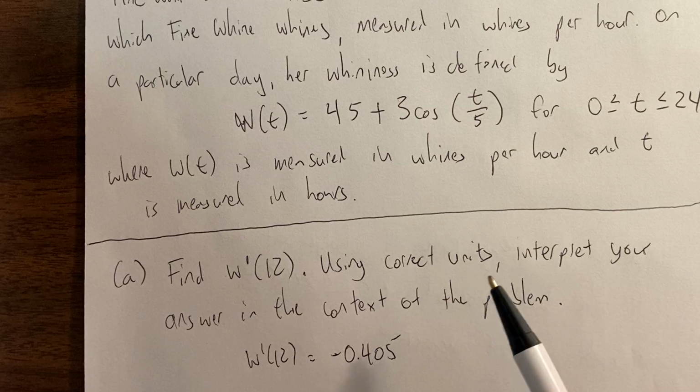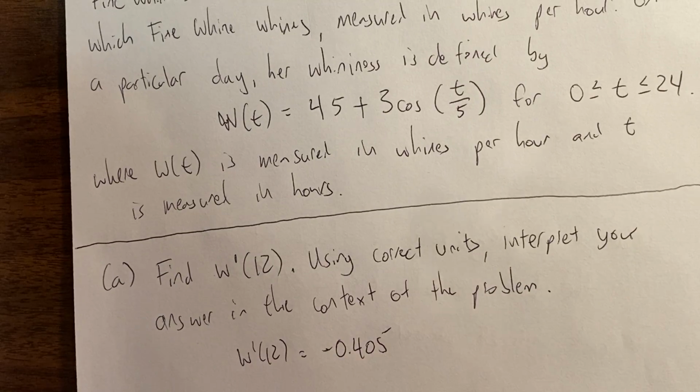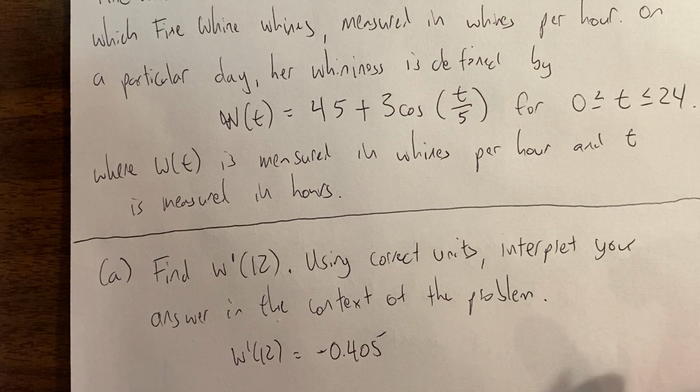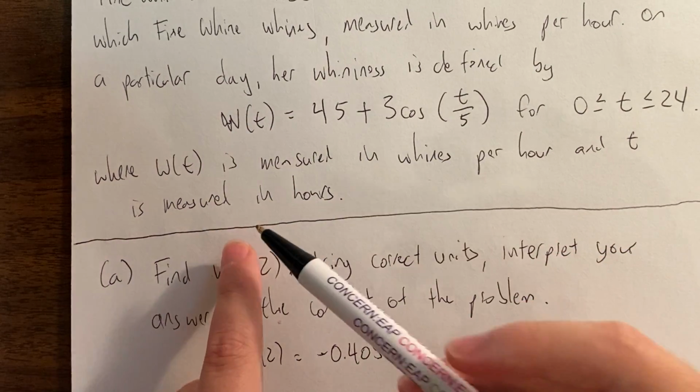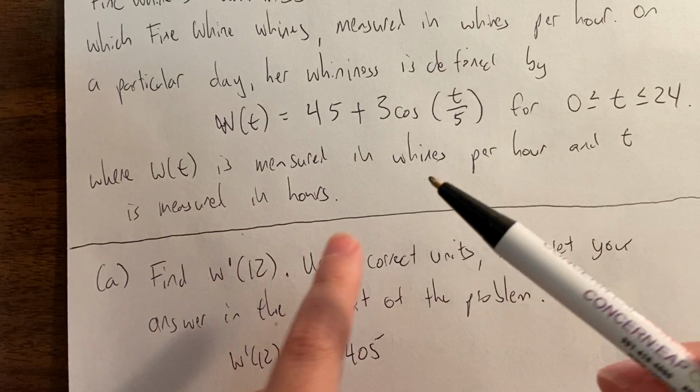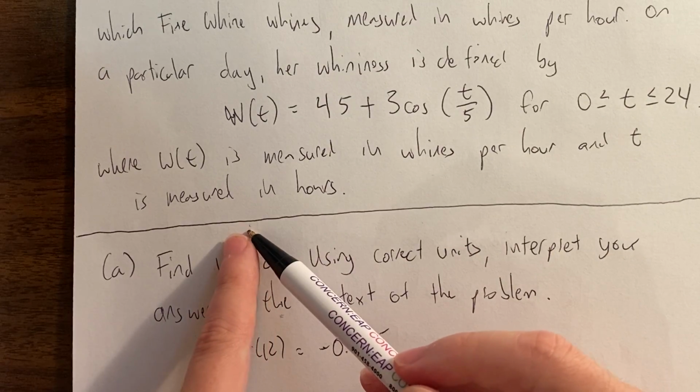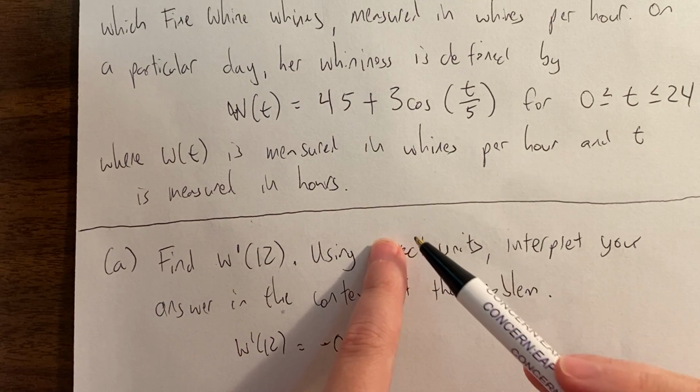Let's try to use correct units. Whenever you have a derivative, just keep in mind that you always divide by a time period when you do your unit. For example, the most common example is particle motion. The units of position are meters. Velocity is the derivative of position, so we divide by a time, so it's meters per second.